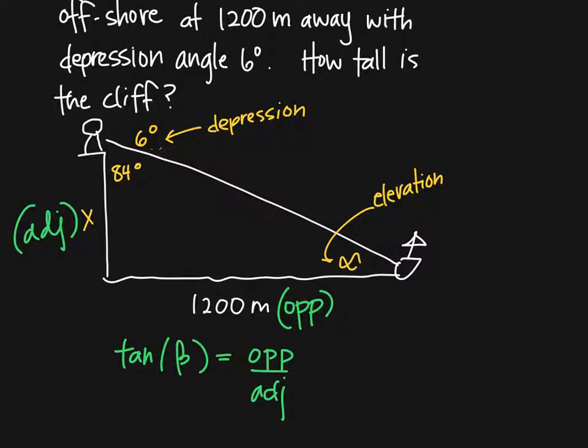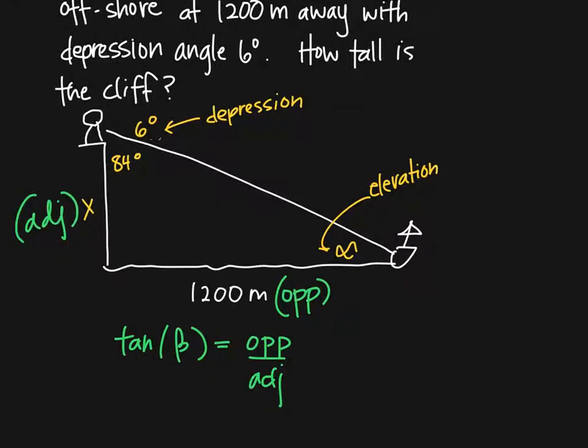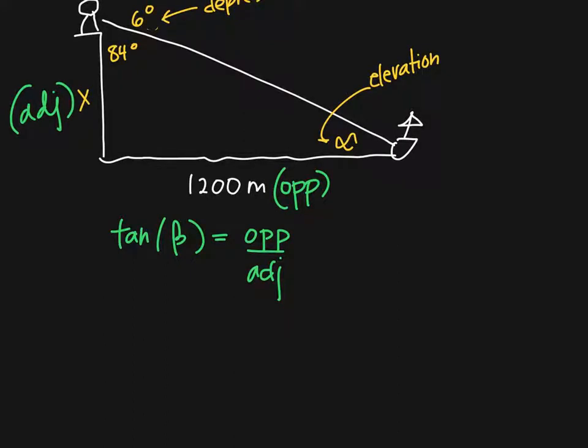It's the tangent beta formula. So then I drop the numbers into the equation. I'll have tangent of 84. The opposite was 1200. The adjacent was the x, and now we're back in business. We cross multiply and solve for x.